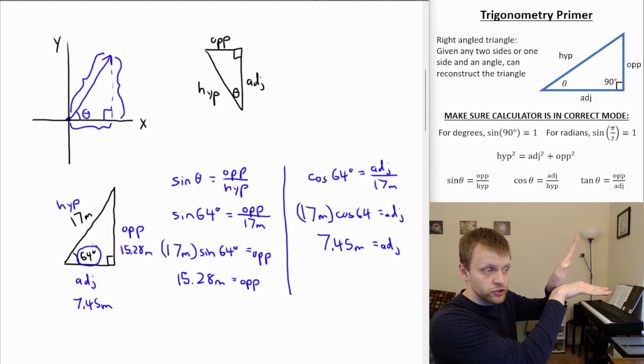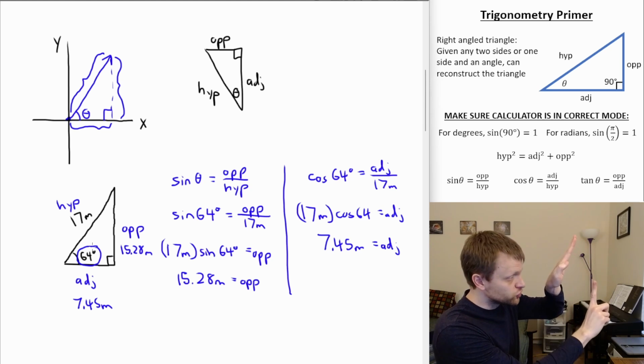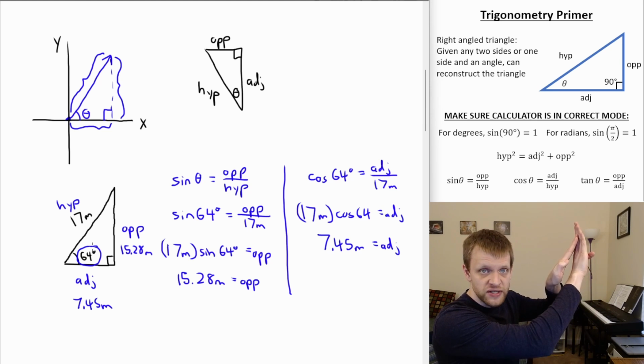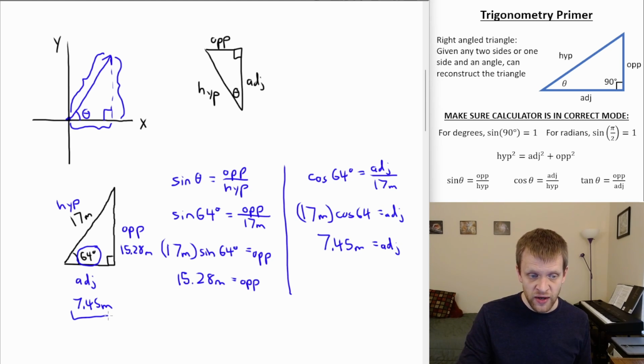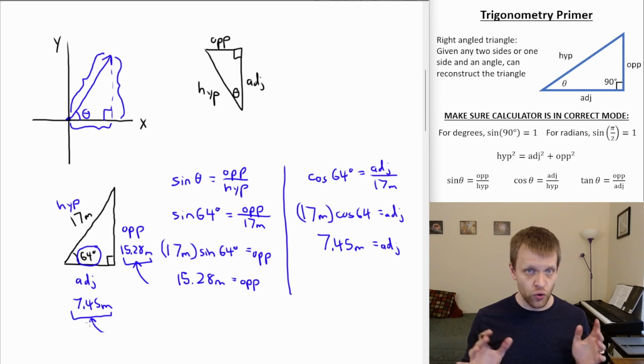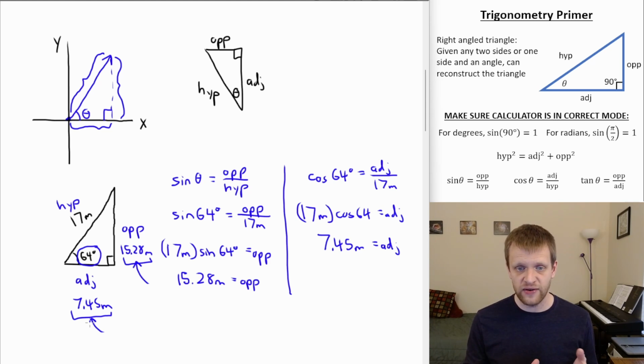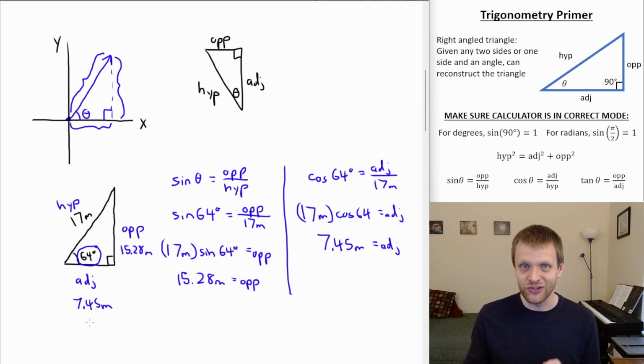That's a larger angle, which means there should be a larger vertical part than horizontal part. And when we check this, yes, the vertical portion is greater than the horizontal portion. It's a quick check you can do to make sure you haven't accidentally mixed up sines and cosines. I strongly, strongly recommend using your diagram and doing some of these quick checks.